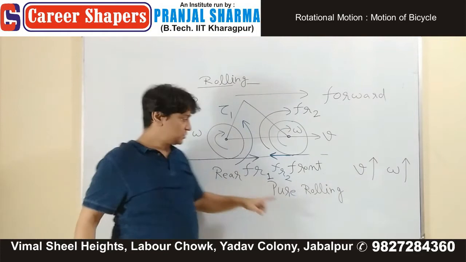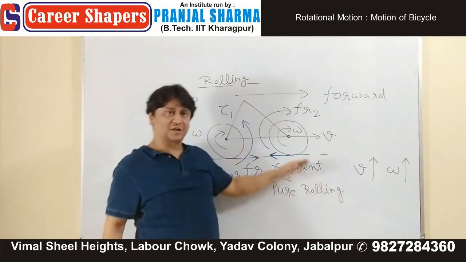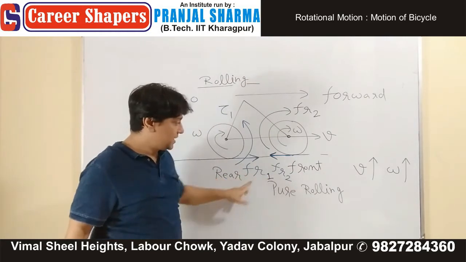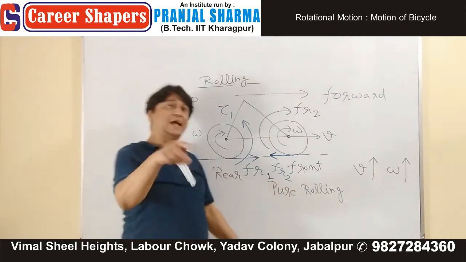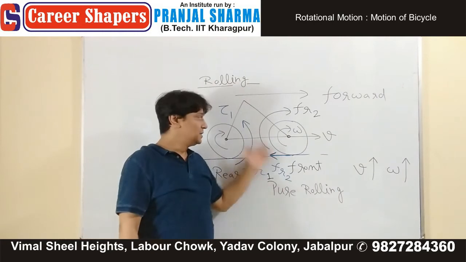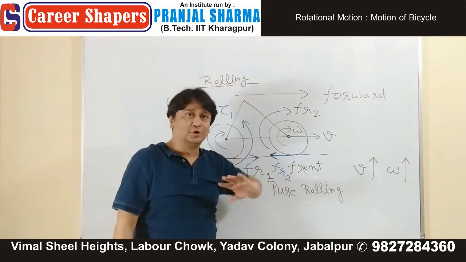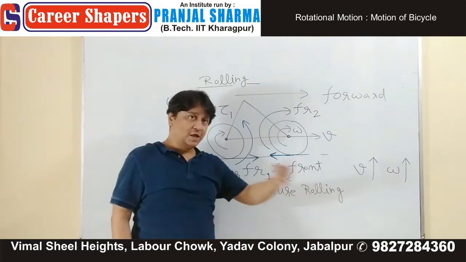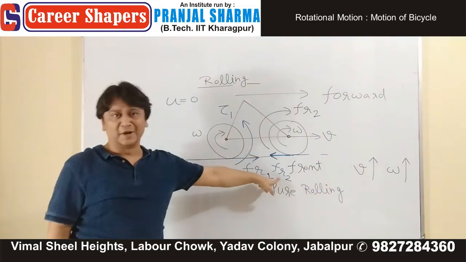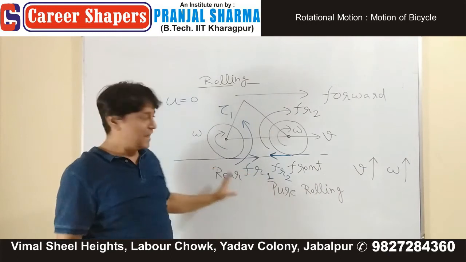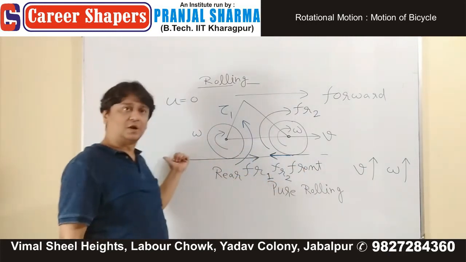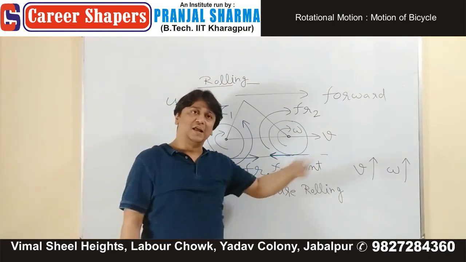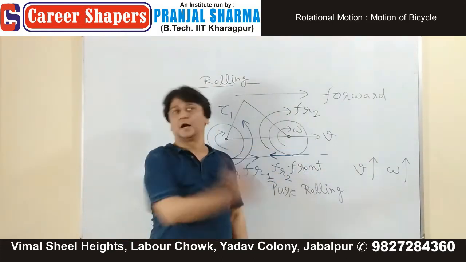There are two forces, FR1 acting in the forward direction, FR2 acting in the backward direction. If they both are equal, then they will cancel each other and the cycle is not going to move at all because there will be no horizontal force. If FR2 is the dominating force, then the net force will act in the backward direction. तो फिर से एक strange behavior कि हमने पैडलिंग की और साइकिल आगे जाने की जगह कहां जाने लगी, पीछे.